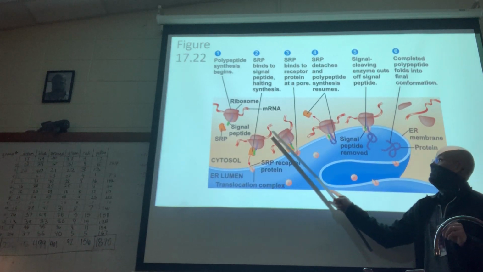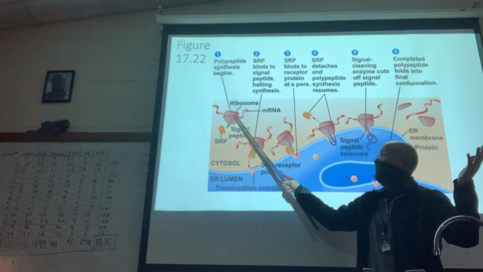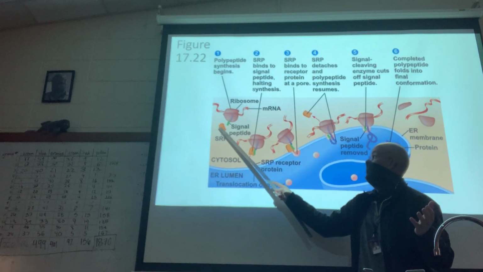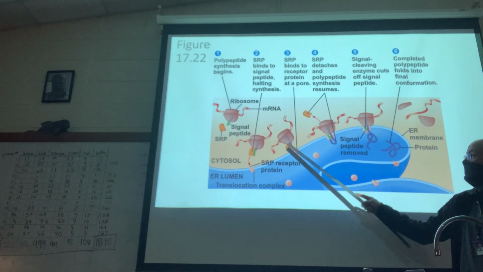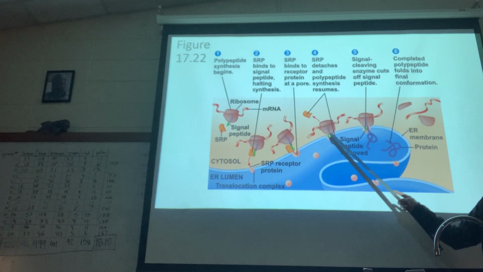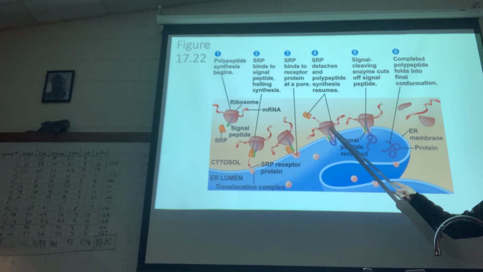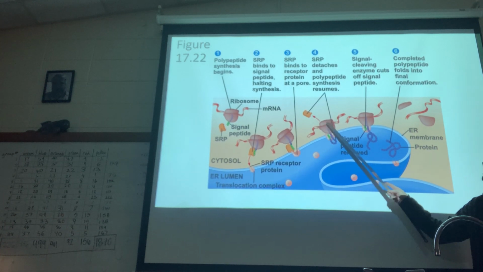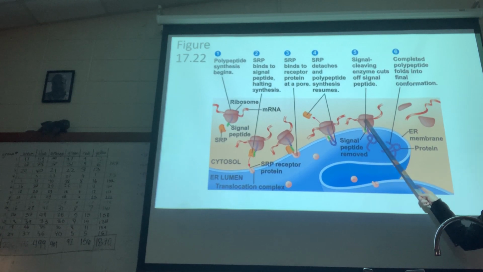And as you can see in this diagram, the ribosome is just making the polypeptide chain. This particle is going to lock on and carry the whole thing to the outer membrane of the ER. And then that growing protein, that growing polypeptide chain, is going to grow into the ER.